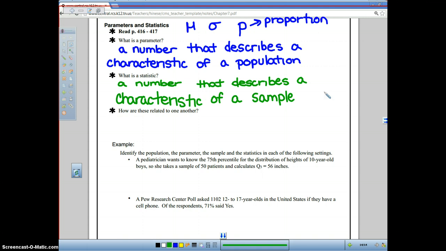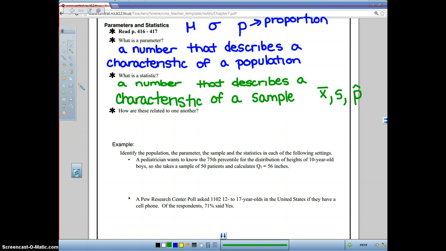We've also been using these all year. For example, just like mu means the population mean, x bar is the sample mean. S is the sample standard deviation, and the complement of P is P hat. That is the sample proportion.